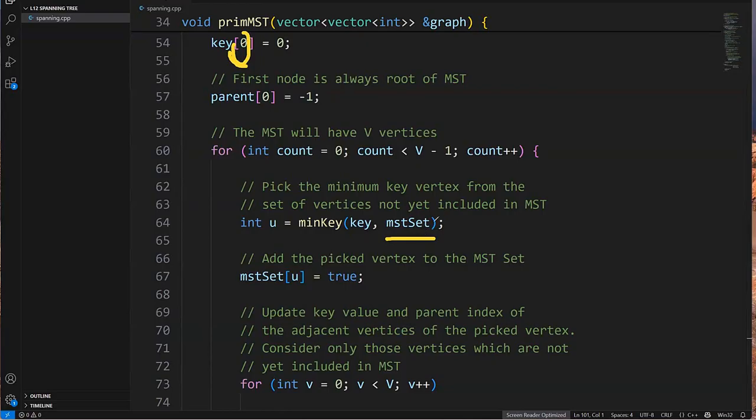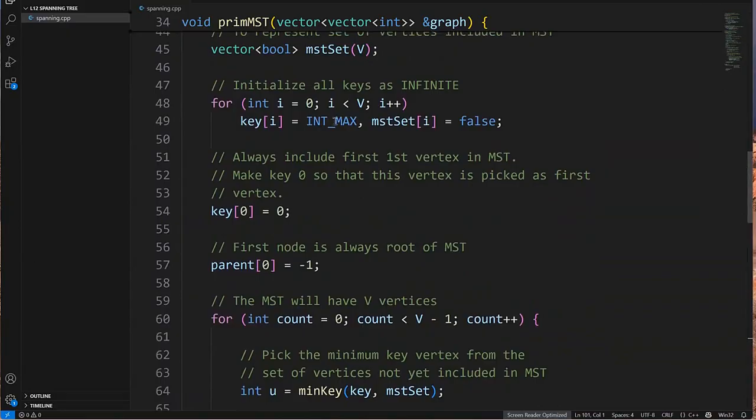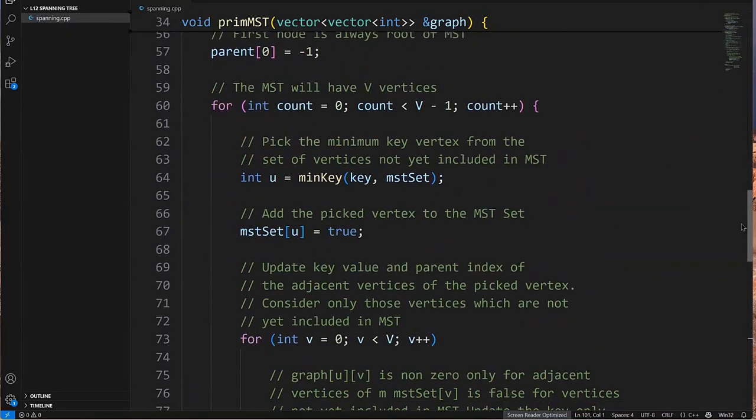That is true. The others are all false, not included yet. And for the key value, you will try to find the min key with the key value. Key value right now, initially only the first node is 0. The others are actually maximum. And then you start to work on the graph.